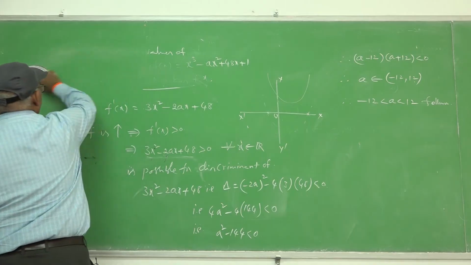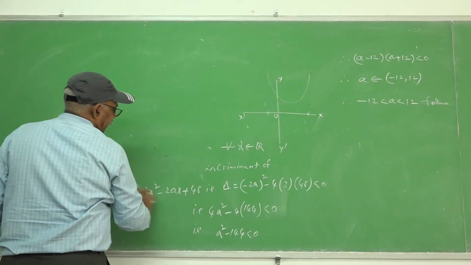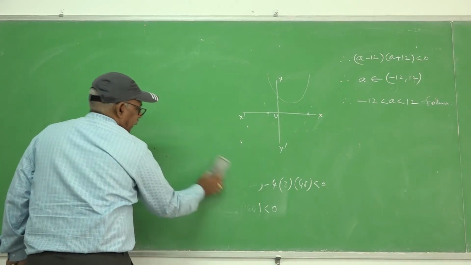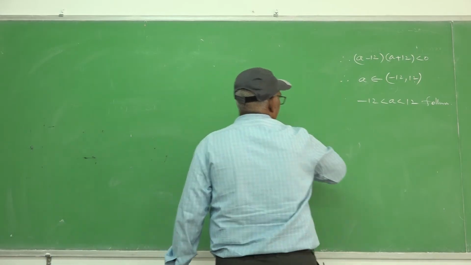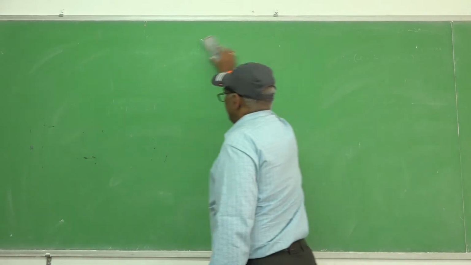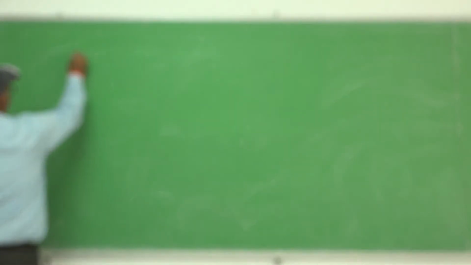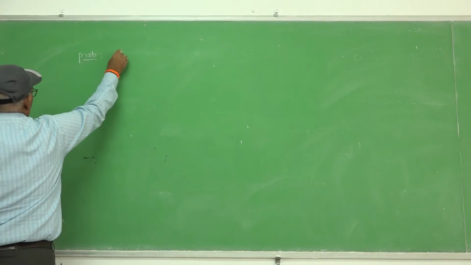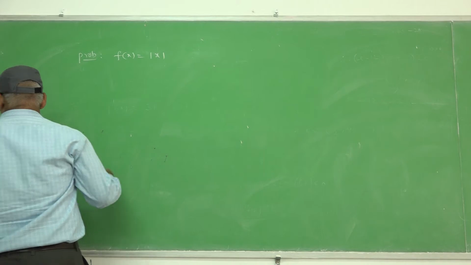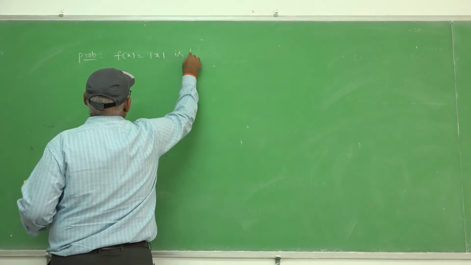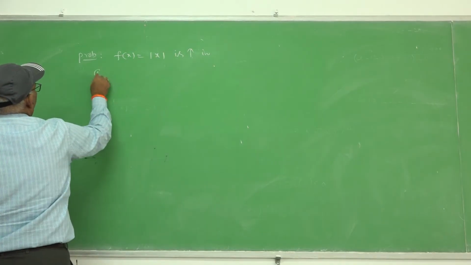Next, f of x equal to mod x is increasing in which interval?